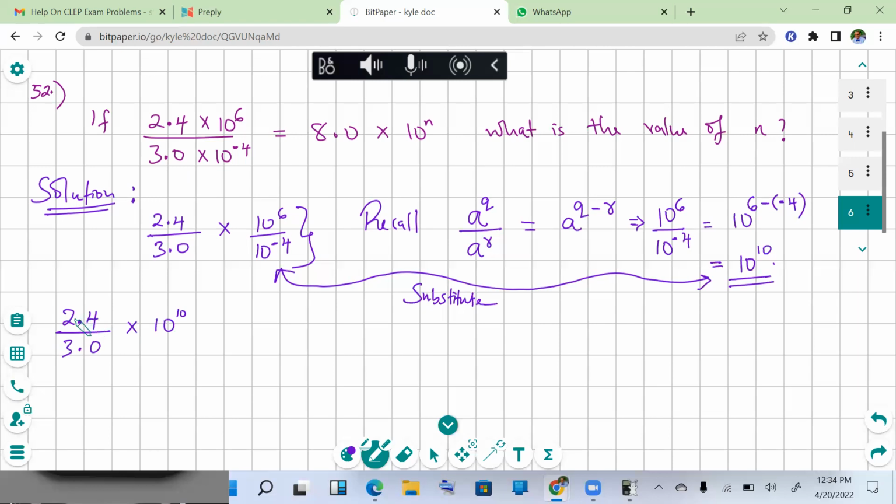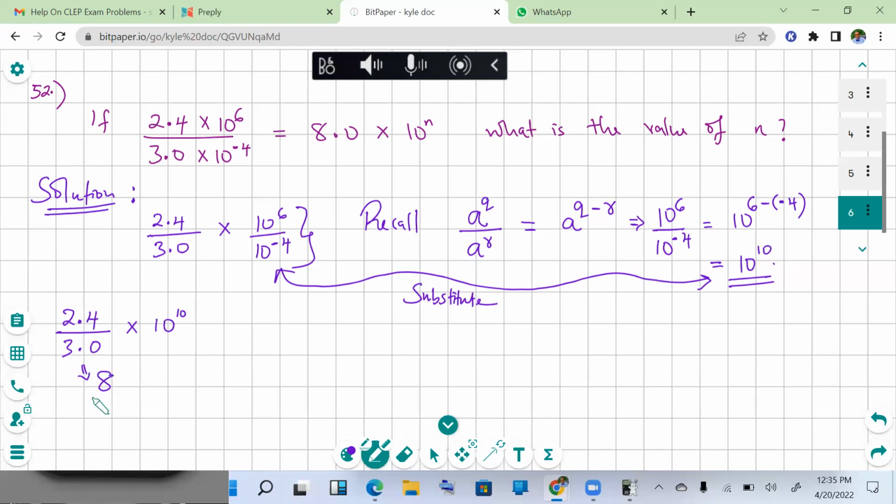We can simplify the 2.4 divided by 3.0 by dividing by 0.3. 2.4 divided by 0.3 is actually 8.